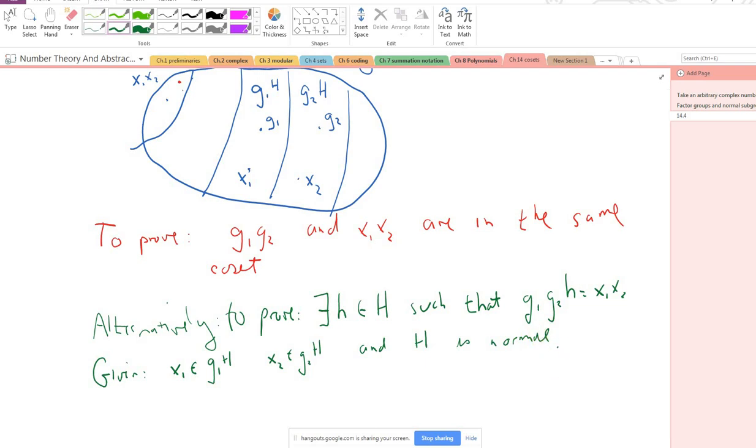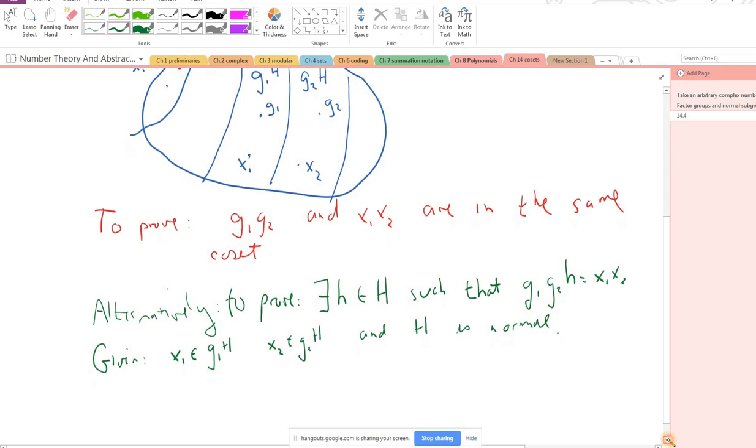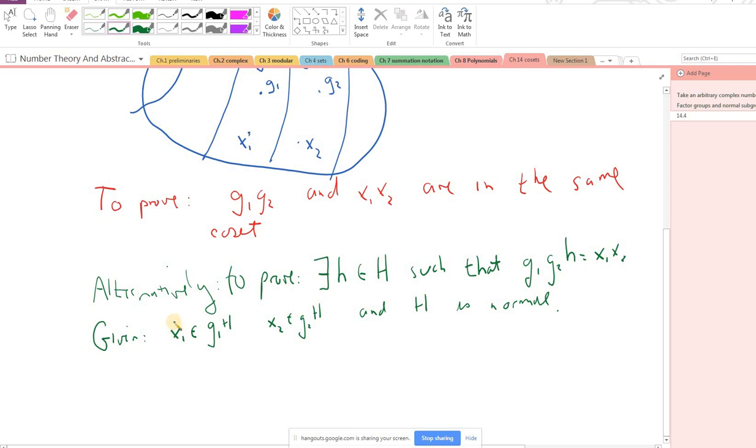All right, so let's look at this. What does this mean? That x is g times some little h. Well, we've already used little h. I guess h sub 1, or something. Okay, very good. So that means that x1 equals g1 h1.